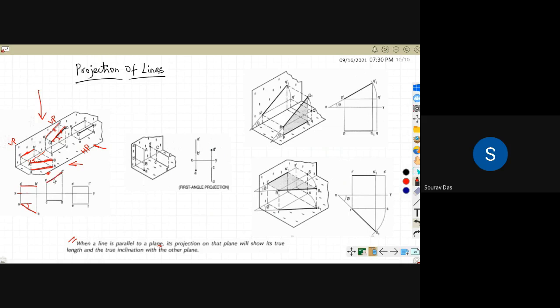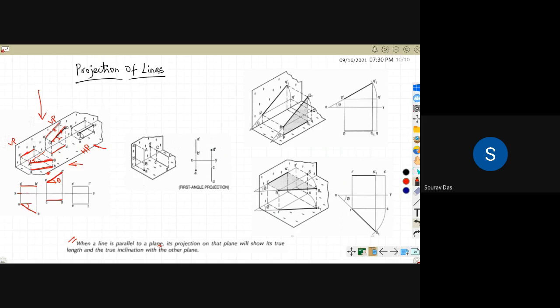So that will give the true length of the line as well as the inclination of the line with the horizontal plane. And this will be the top view of the line. As it is parallel to the vertical plane, from the top view, it will be seen as parallel to this reference line.